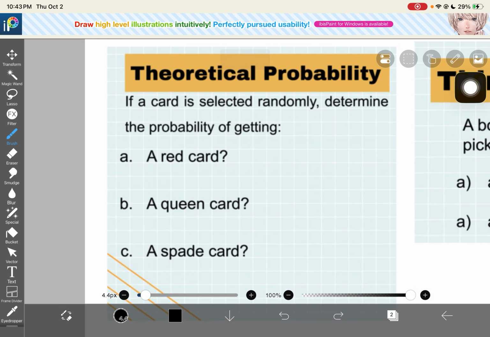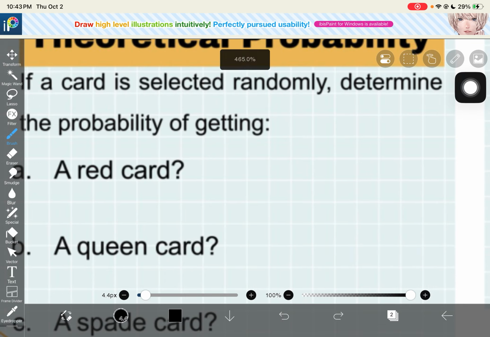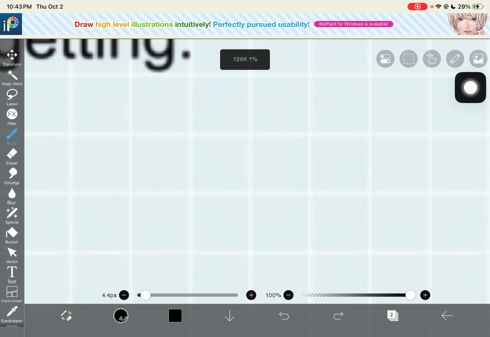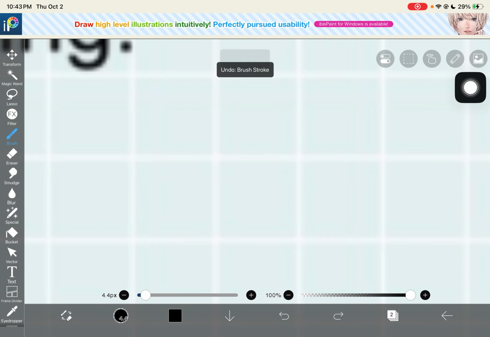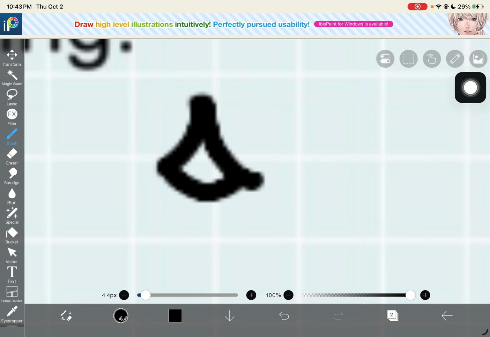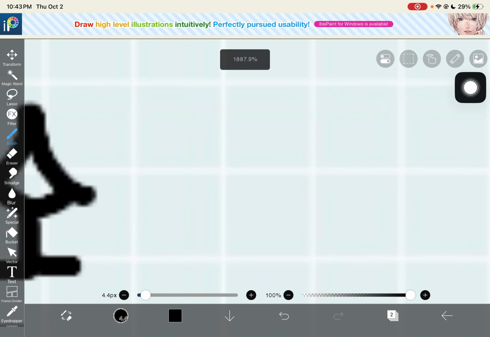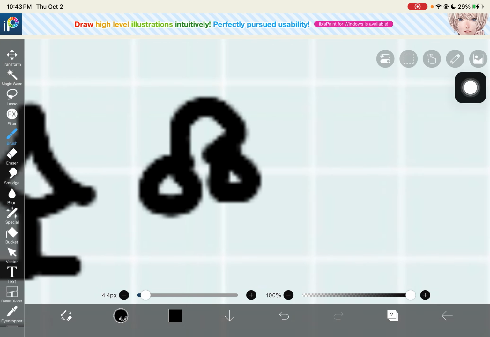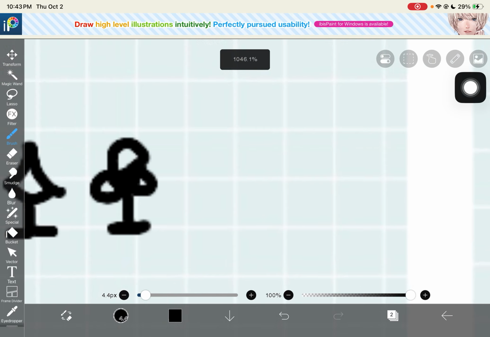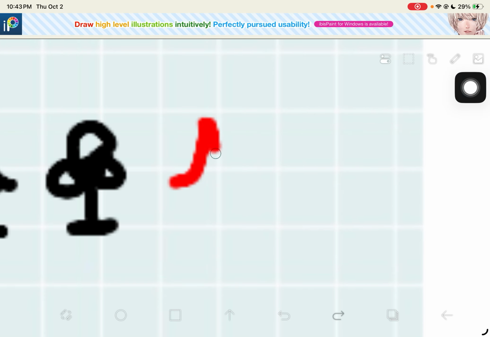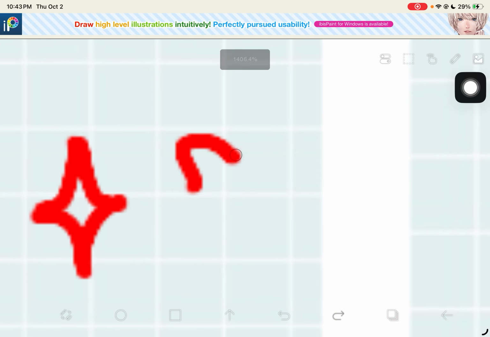With that, let's talk about cards. Theoretical probability: if a card is selected randomly, determine the probability of getting a red card. Basically, it's talking about the standard deck of cards, where we have the clubs and the spades, and then we got the diamonds and the hearts.